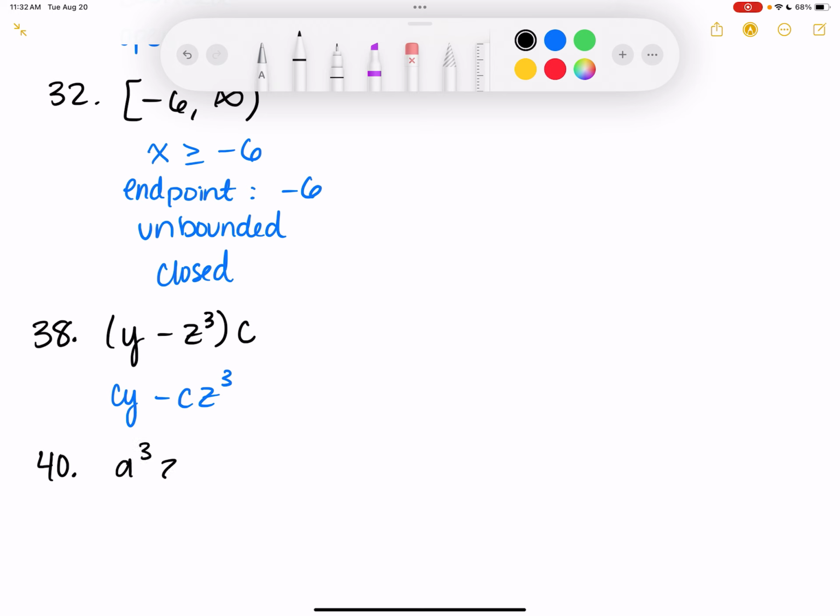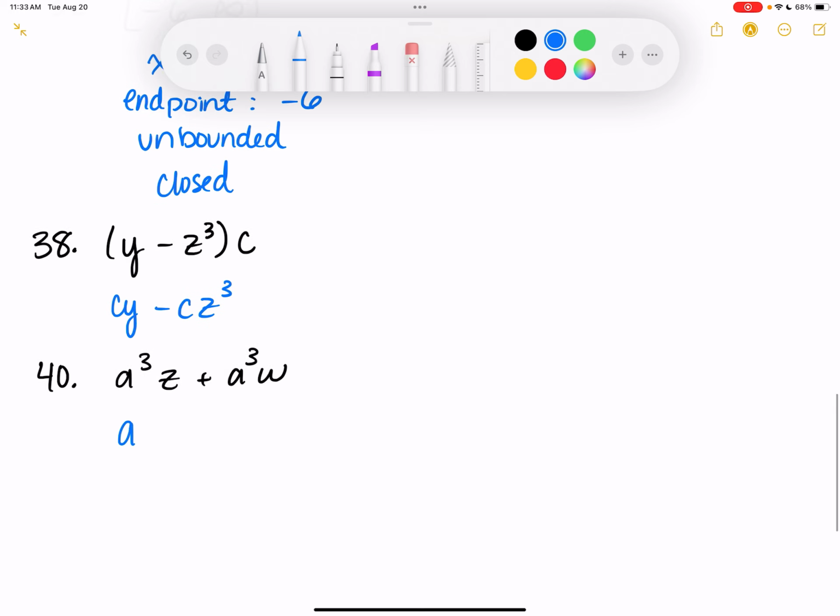A cubed z plus a cubed w. How do I factor this one? You do the box method. You take out an a cubed. And that leaves me with what? Z plus w.